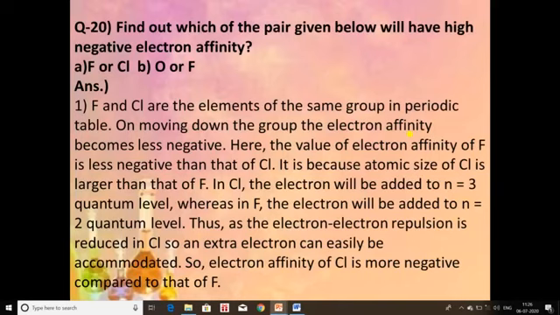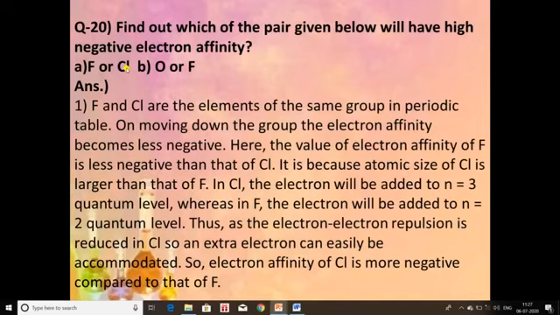Next question: find out which of the pairs given below will have higher negative electron affinity: fluorine or chlorine, oxygen or fluorine. Electron affinity, or electron gain enthalpy. Out of fluorine and chlorine, when we go top to down, electron gain enthalpy decreases. But here, in fluorine and chlorine, there is an exception.